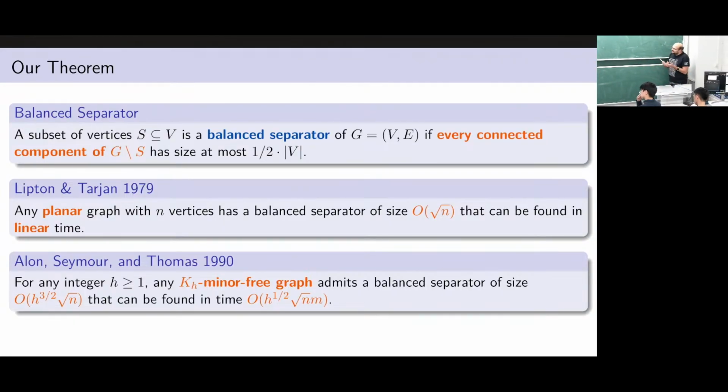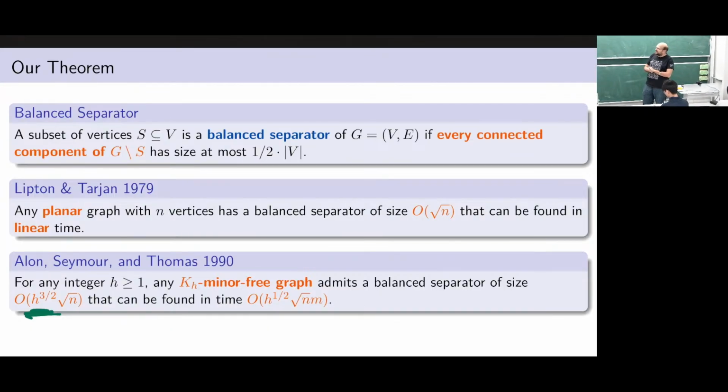This was also famously extended to K_h minor-free graphs, and there you can do the same or similar, but with this h factor, let's say poly(h) factor. This will play a big role today. If we assume that h is small, then you can say that this hides in the O, but we don't want to assume that.